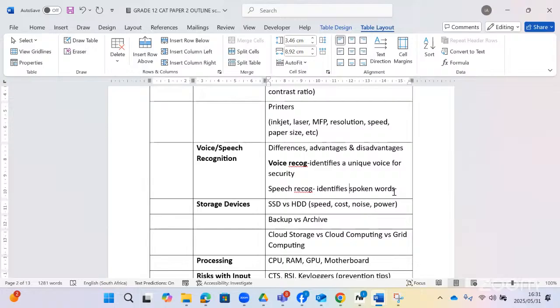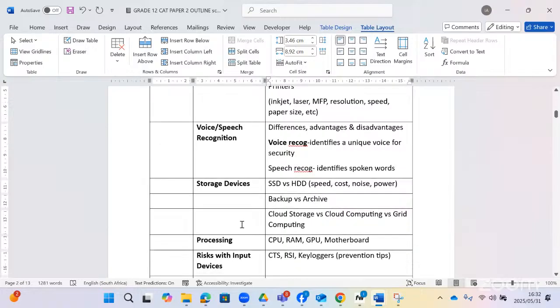So these are the speech recognition, but the voice mostly for a unique voice. Now, the advantages and disadvantages, you must know them. The notes will be shared again so that you will know them. Their advantages and disadvantages. Disadvantages, for instance, if you lose your voice, let's say through flu, it will not be able to identify it. So you must know some of these things.